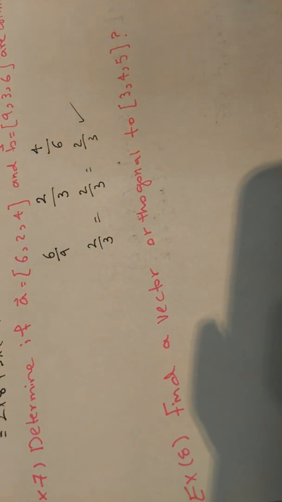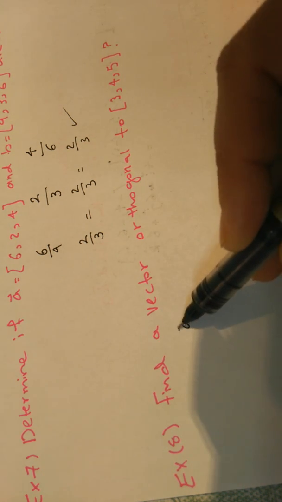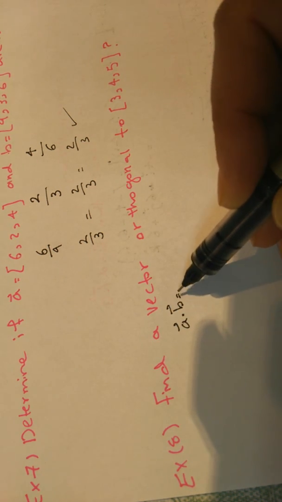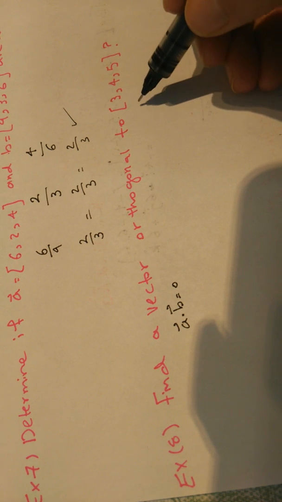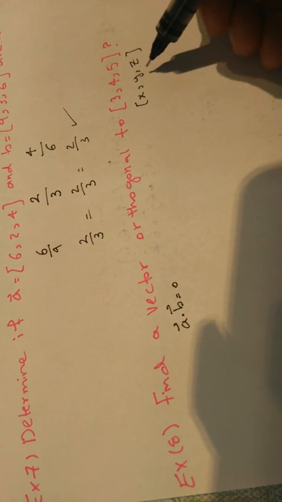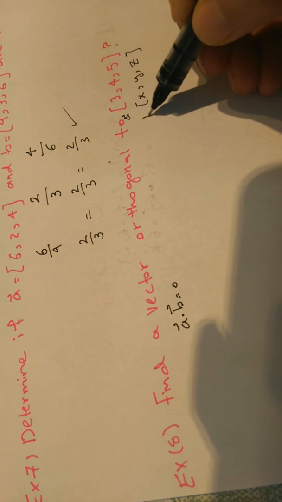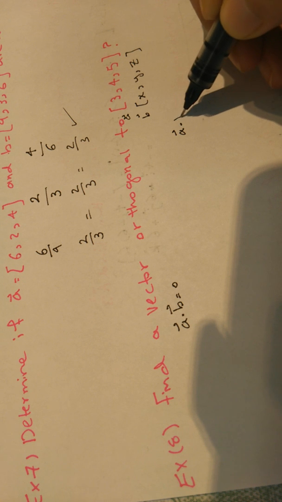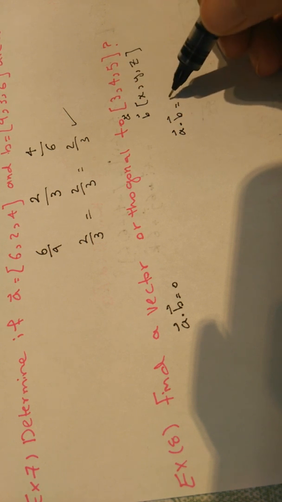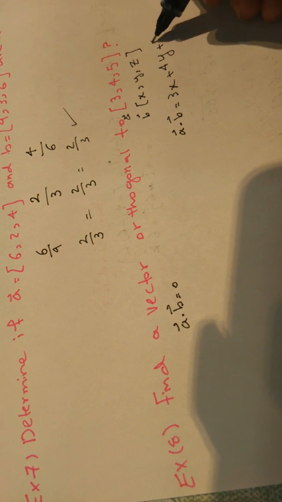Anyway, find a vector orthogonal to that. I know that if the vector is orthogonal, A and B is orthogonal, dotted product between them should be 0, right? Let's say the second vector is x, y, z. If these two are orthogonal, the dot product between them, let's say this is A, this is B, A dotted to B should be 0. So A dotted to B is 3x plus 4y plus 5z.